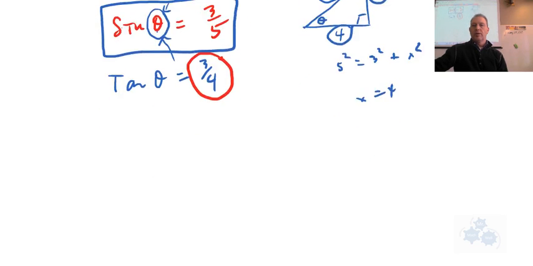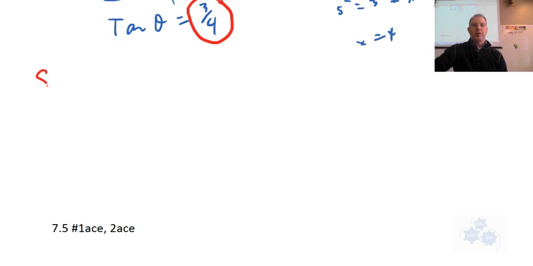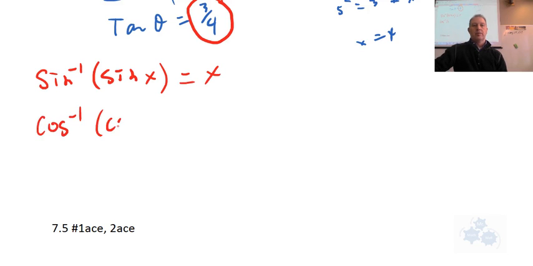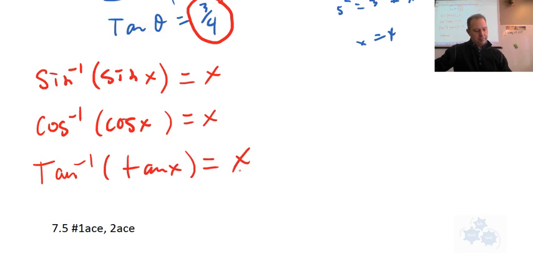Okay, it's worthy to note here that when you have sine to the -1 of sine of x, that equals x. The same is true for cos, right? And the same is true, of course, for tan. Yep, that's right. It's the same as this.